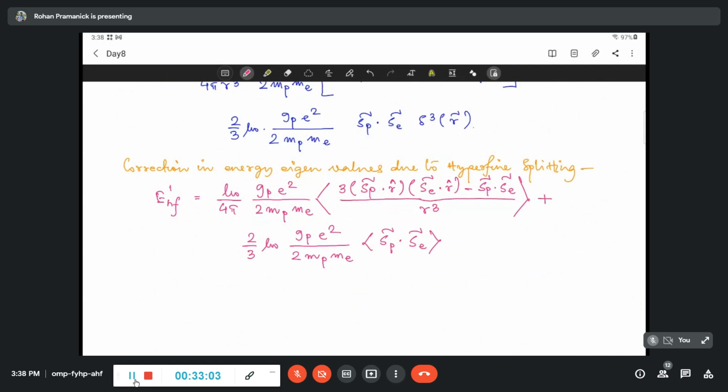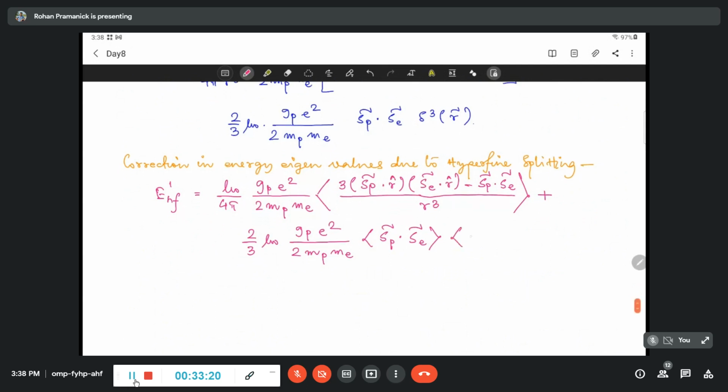What this expectation value means is that we take the inner product of whatever there is in the expression with the state psi_n, right? So this is nothing but the expectation value. What happens there is psi_n delta cube r psi_n.